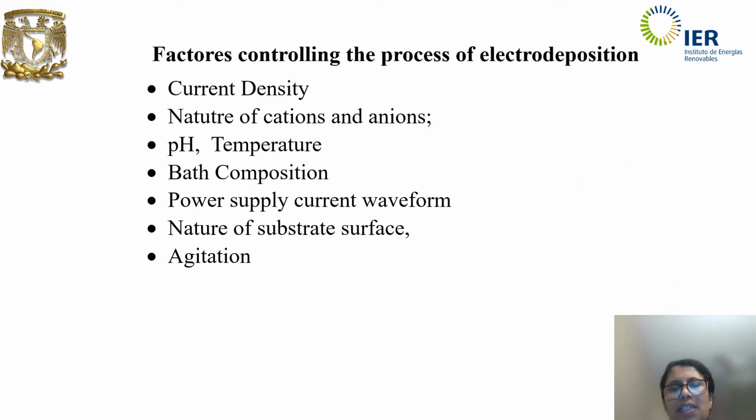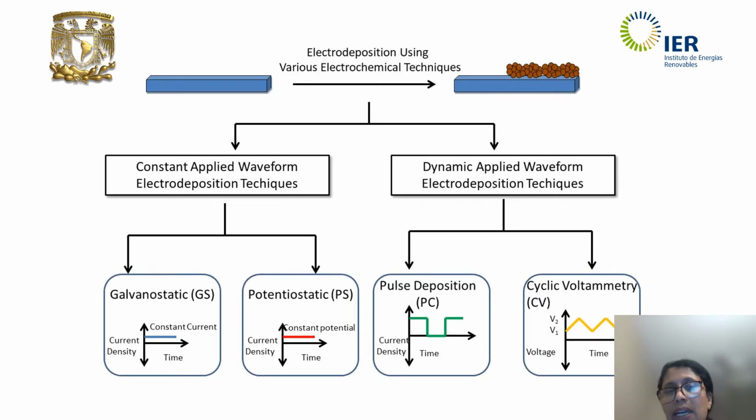There are many factors influencing the process, like the current density, the nature of the cations and the anions that we are using, and also the power supply current waveform. Electrodeposition can be done by applying various electrochemical techniques. It can use a constant waveform or a dynamic waveform.